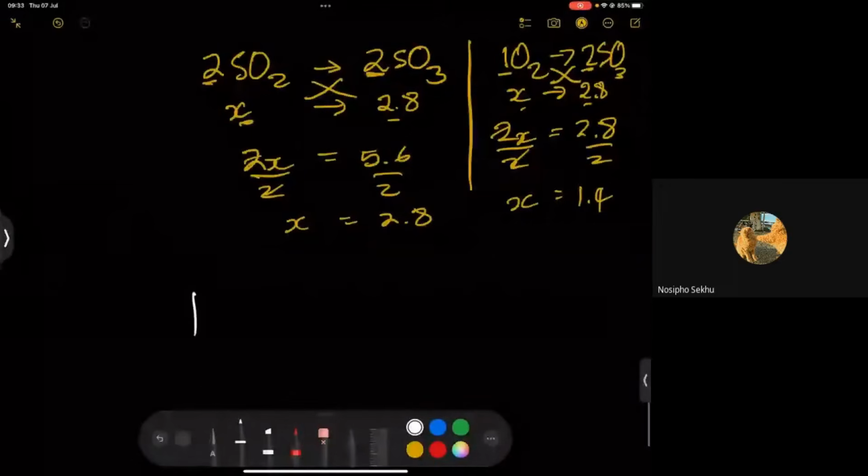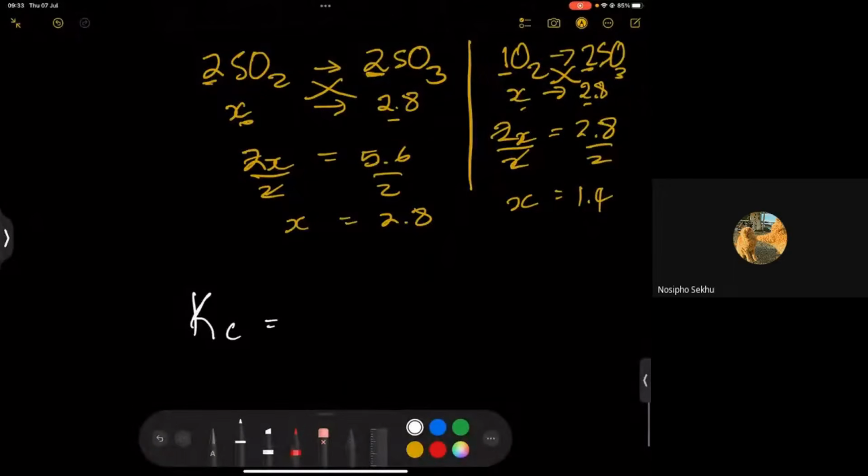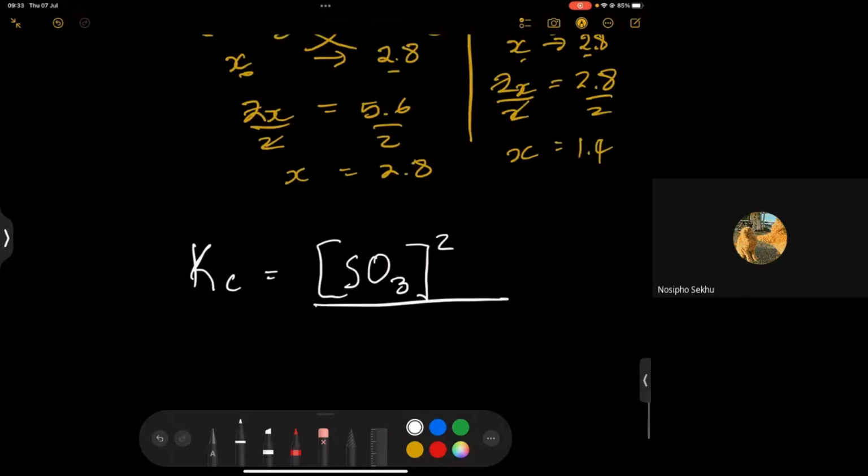And then ultimately, what are you going to do? Kc, the molar concentration of your products. So we've got SO3, that's our product. Remember the coefficient was 2, so that becomes the power.